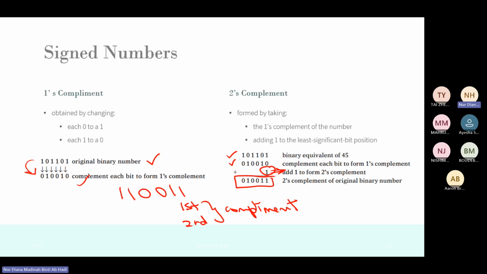Okay, let's try with Aaron. What would be the answer for the first complement? Aaron, is it okay if I screen share or just say the answer? Just share the answer.